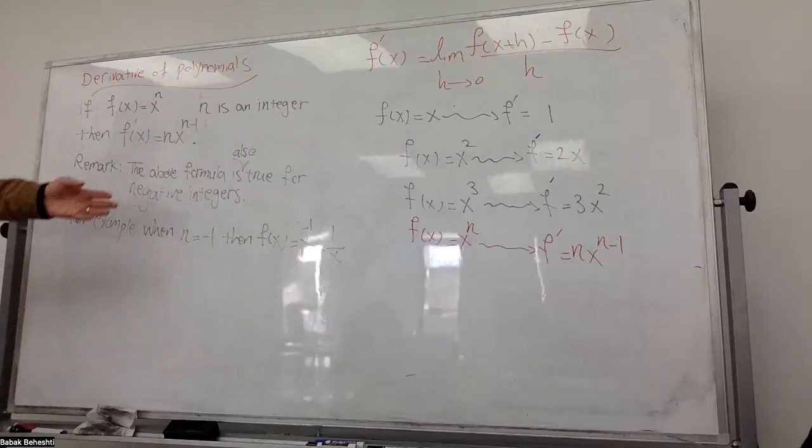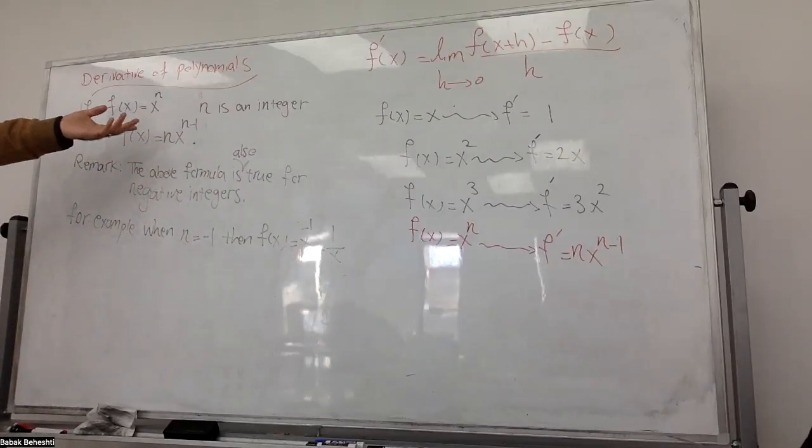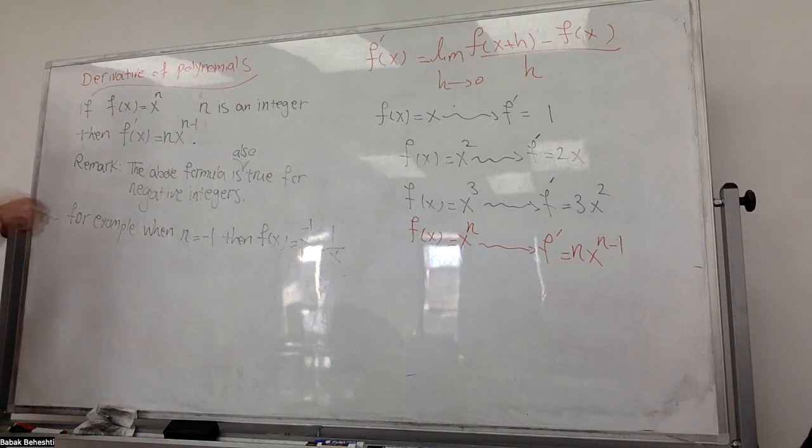Now, let's compute the derivative of this. I want to check if the formula is correct or not for a negative integer, right? So f of x equal to 1 over x.